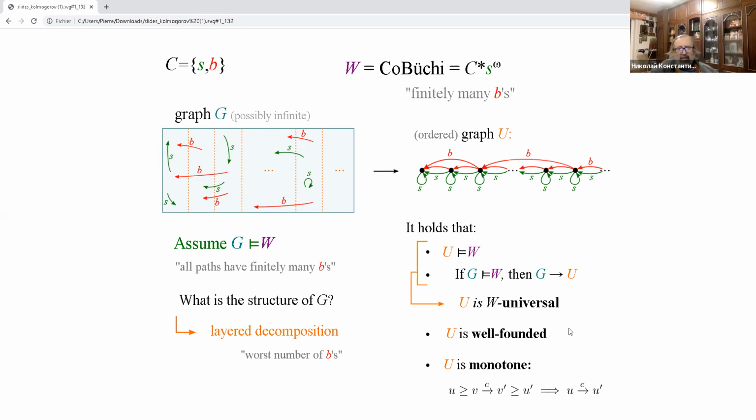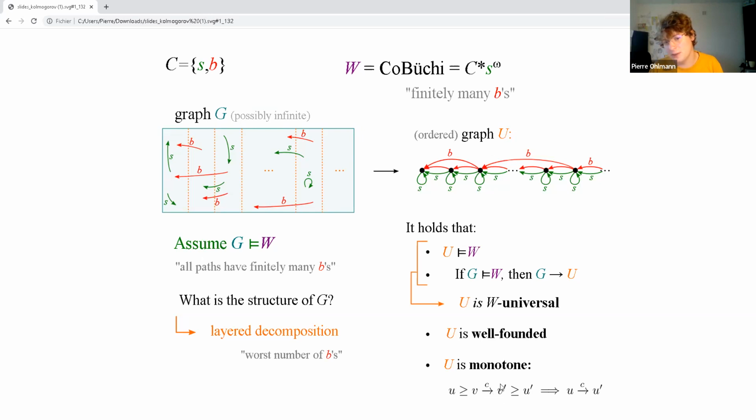And we just require such a strange property. What it means essentially is that the vertices are given by a well order, so they are essentially ordinals. And then each color gives you a relation between ordinals.